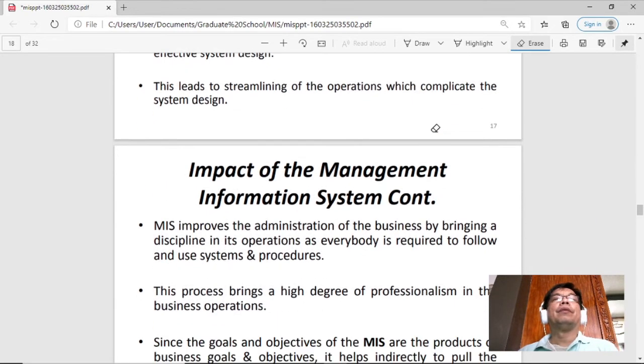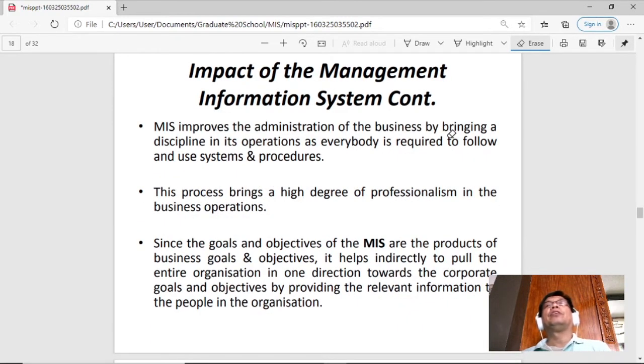MIS improves the administration of the business by bringing a discipline in its operations, as everybody is required to follow system procedures. Let's say, for example, the employees are doing their job, each in their own way.